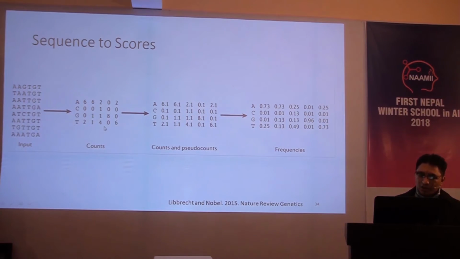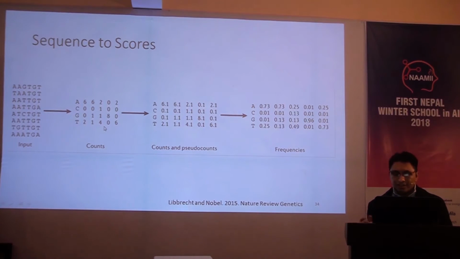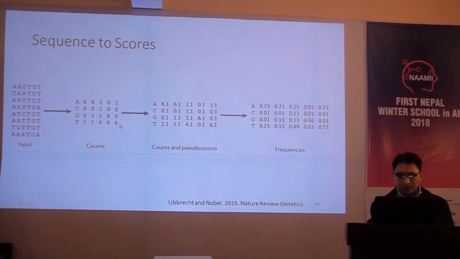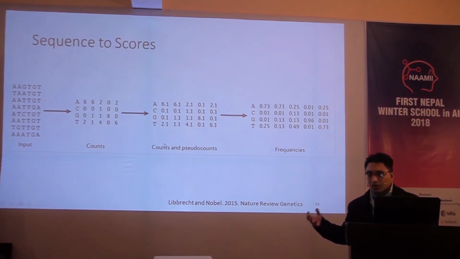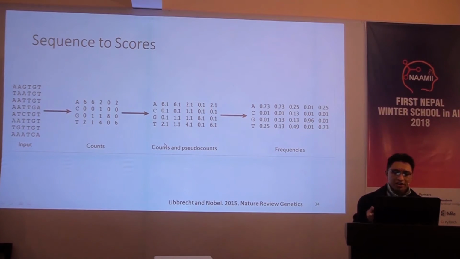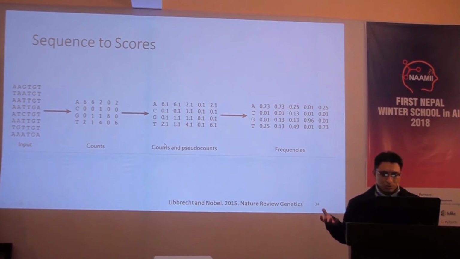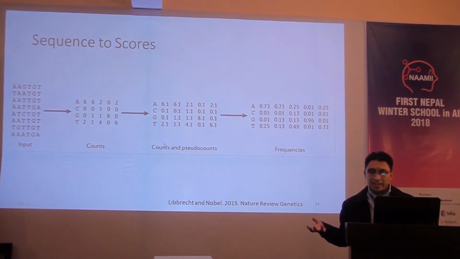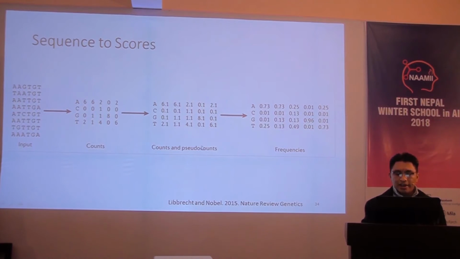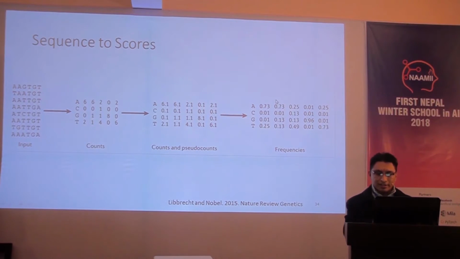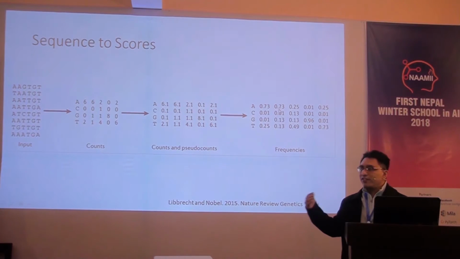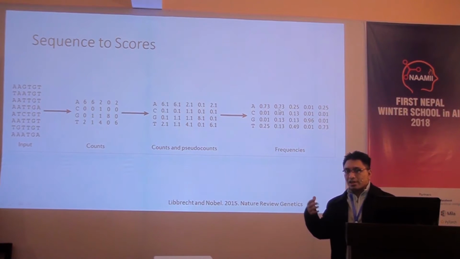And then you can also do some kind of normalization on these counts to generate some pseudo-count data. Depending on your prior assumption, you can assign some weights and do different things, and then you can calculate the proportions or the frequencies of individual A's, C's, T's, and G's. And this data is what you can feed in your model.